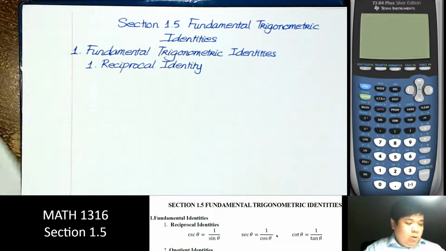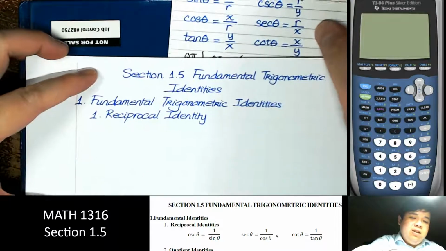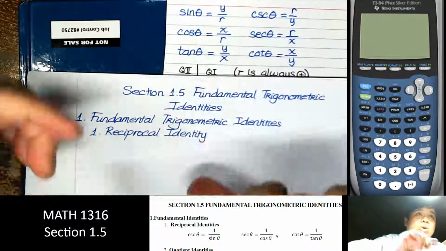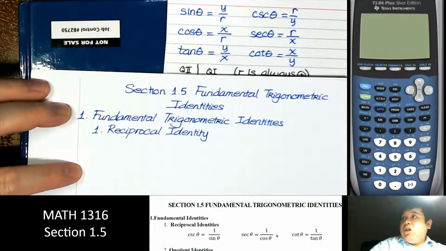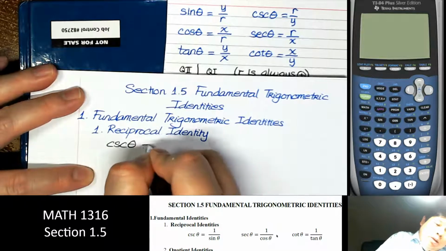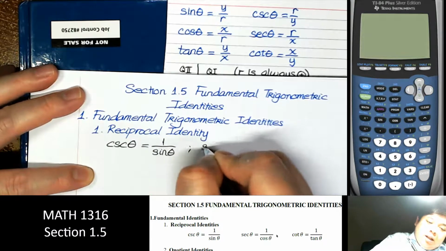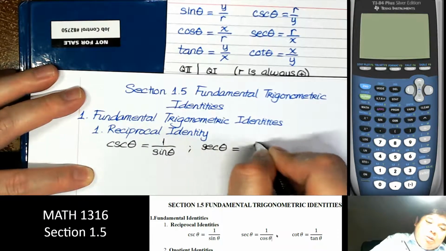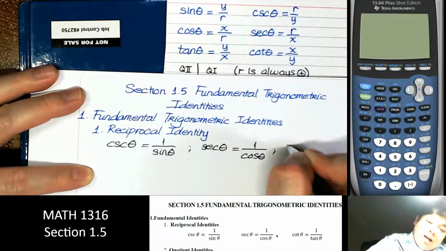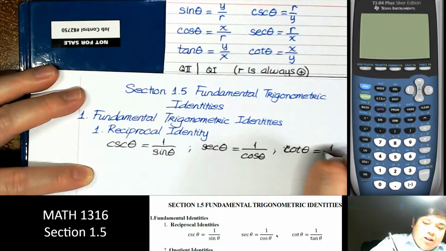It's the quick reference card. As you see, sine and cosecant, we just flip-flop the ratio so they are reciprocals of each other. So I would say cosecant is the reciprocal of sine, secant is the reciprocal of cosine, and tangent and cotangent are reciprocals of each other.